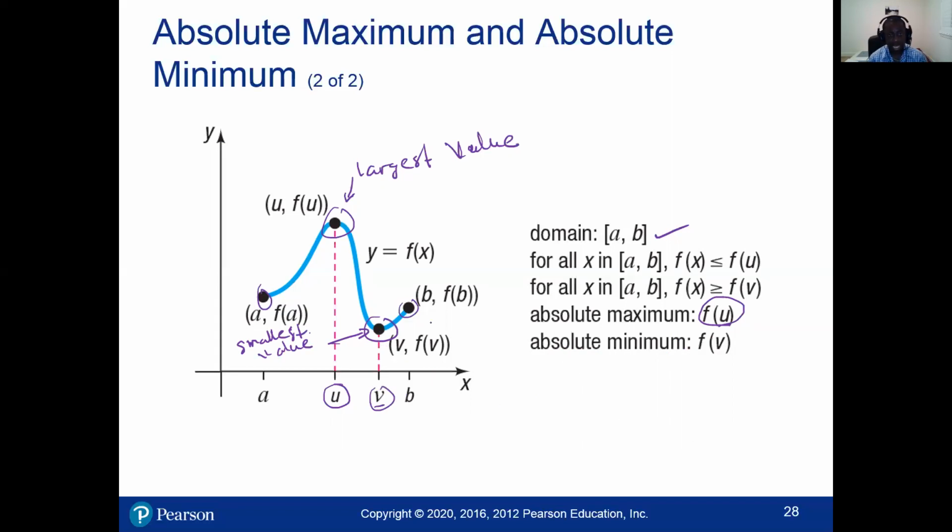I want to mention that it is possible to have an absolute maximum or minimum occurring at the endpoints, in this case at A and B. But here, the values at A and B don't happen to be the largest or the smallest value of the function at all. We have an example to show you.